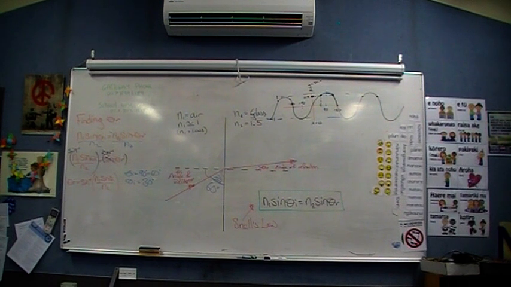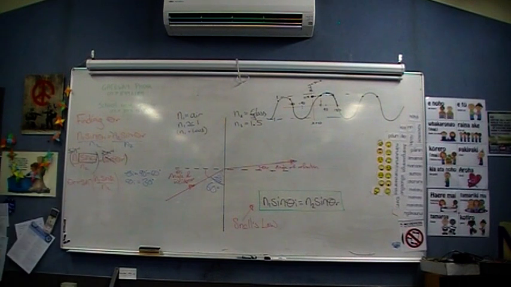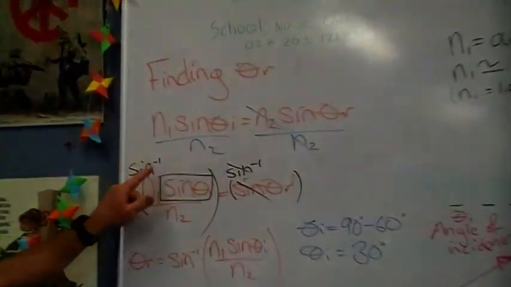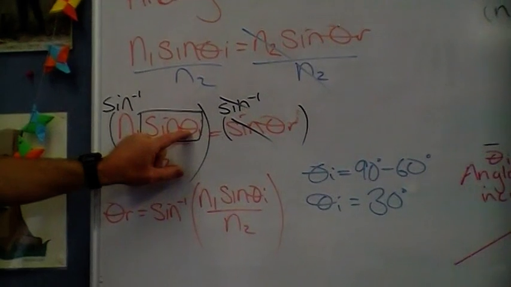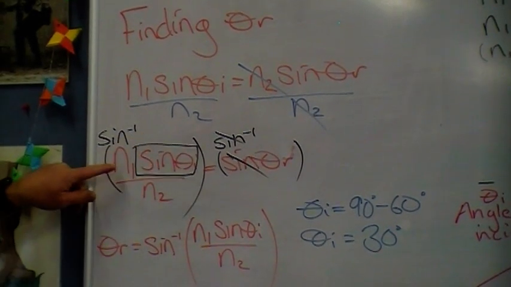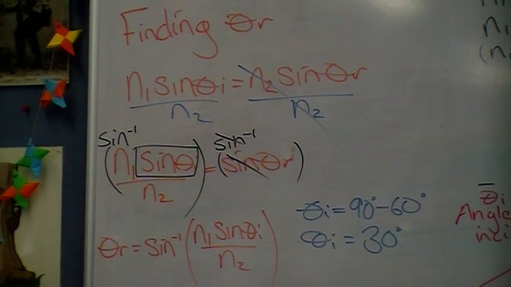This whole thing here is just a number. If we separated out that number and anti-signed it, we would get back the angle. But what we're doing is adjusting the value of sine theta by multiplying it by n1 and dividing it by n2, and then re-asking the question, how much is it now? And that will give us a new angle.